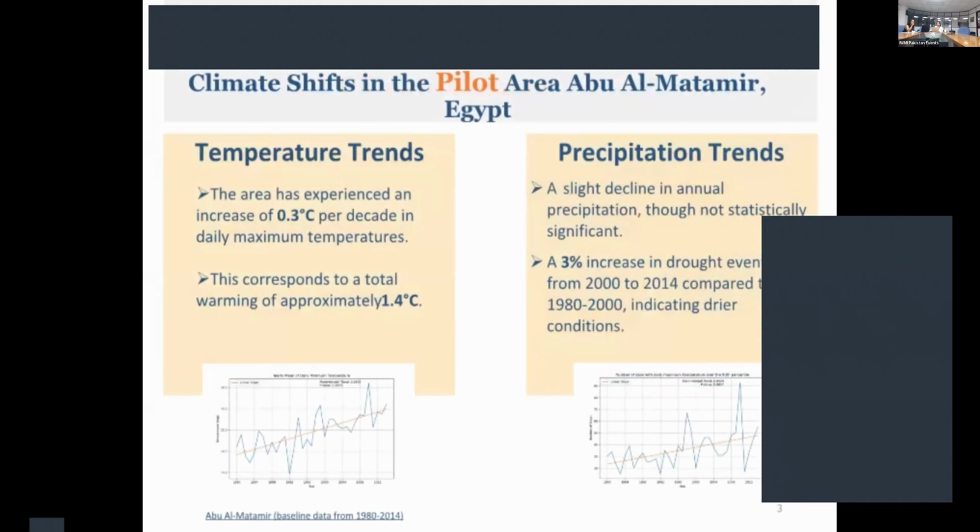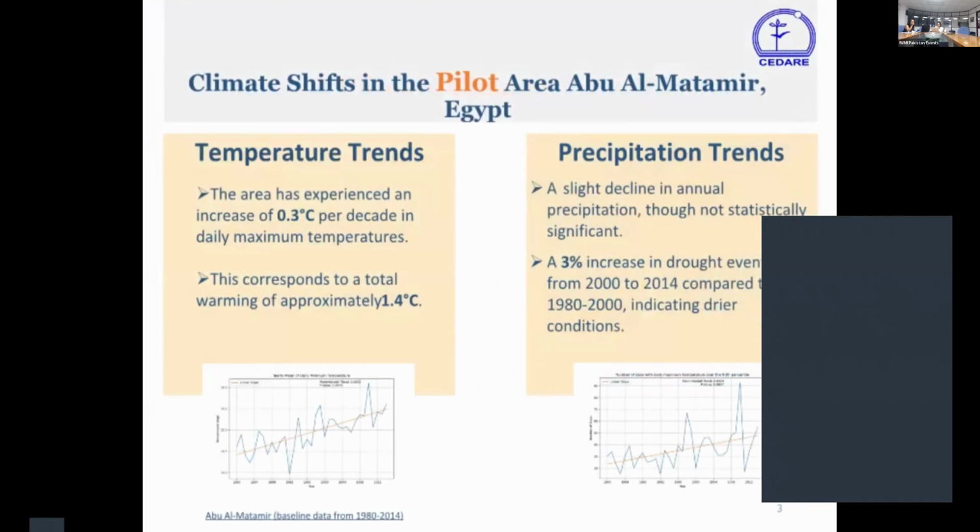From 1980 to 2014, Abu al-Matamir has experienced a warming trend. The warmest year on record is 2010, with temperatures 2.5 degrees Celsius above the average. Both maximum and minimum temperatures have shown a significant increase of 0.3 degrees Celsius per decade.